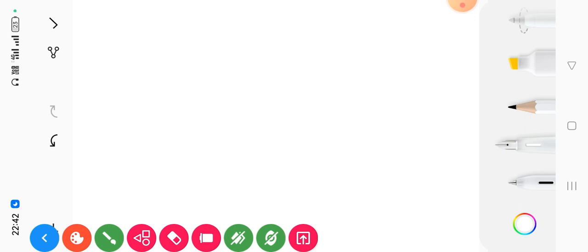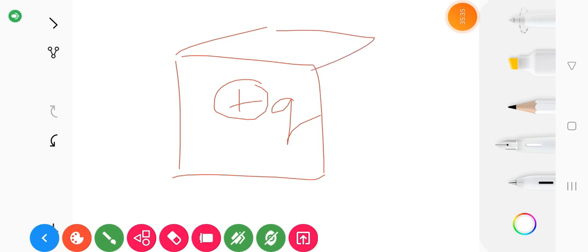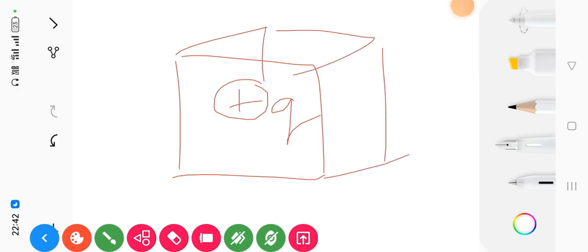Let me define Gauss's law. There is a charge Q here, and I have enclosed this in a Gaussian surface, a closed surface. Simply stated, put it in a box. This charge has been trapped inside this box, not touching the boundaries of it.